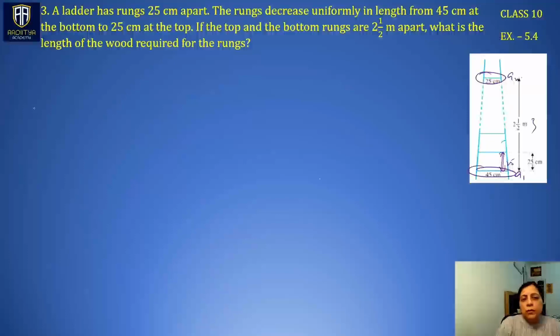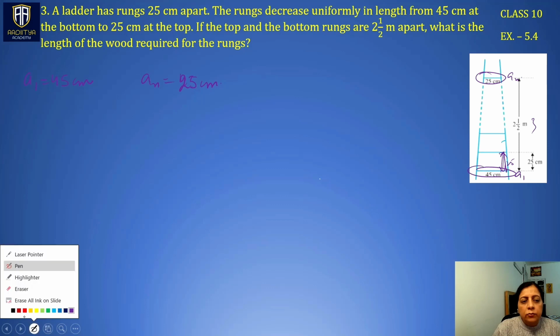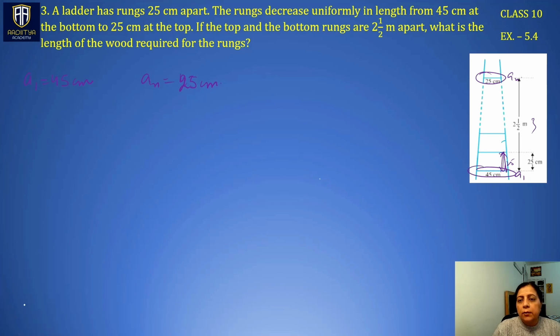So here, our first term is 45 centimeter, right? And this nth term, the last rung's length, is 25 centimeter. So what we have to do is, the distance between two consecutive rungs is 25, right? And we have to find how many rungs are there.